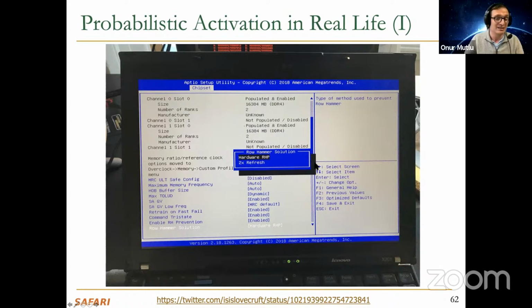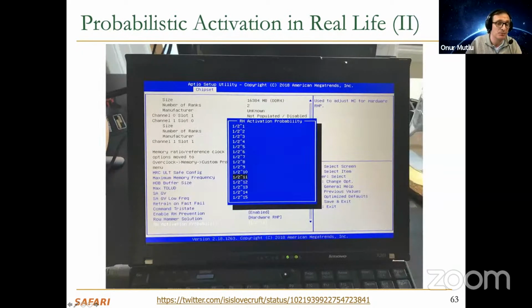So you used to be able to pick your solution in RowHammer. You could either increase your refresh rate or pick this probabilistic RowHammer protection, which is similar to what we have proposed, except at the BIOS level as opposed to seamlessly to the programmer or the user. But again, that's fine.